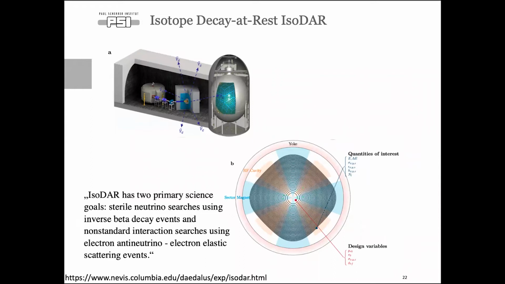IsoDAR has two primary science goals. On the one hand, sterile neutrino searches using inverse beta decay events, and on the other hand, non-standard interaction searches using electron antineutrino electron elastic scattering events.